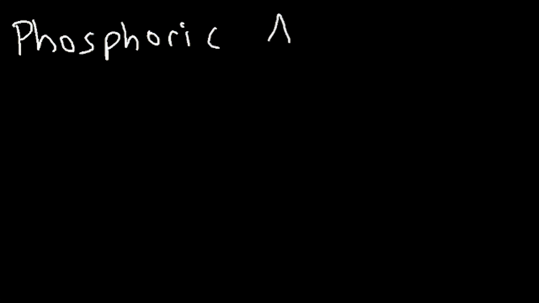Now we're going to work backwards. If you're given the name, how can you write the formula? For example, what is the formula for phosphoric acid? Notice that we don't have the prefix hydro. That means that it's associated with a polyatomic ion. We need to replace ic with ate.